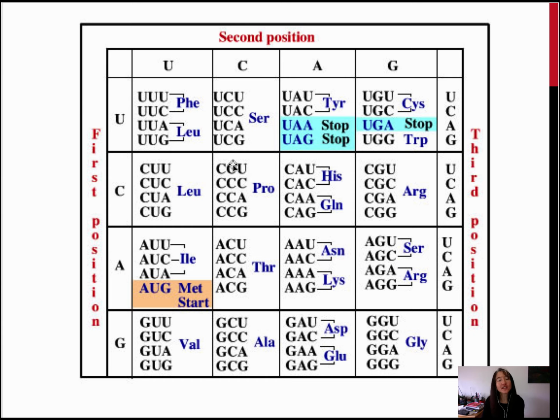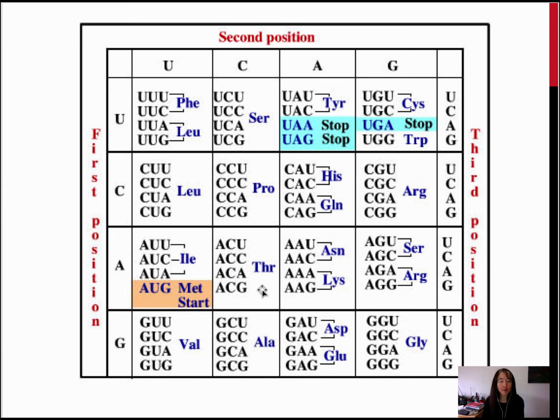Recognize that it's always in the most 3' position of the codon that we see that the change is allowed. So it's like the loosey-goosey position of a codon is that more 3' position within the codon. So even in some areas where we don't see that 4 codons encode for a single amino acid, we might see that 2 similar sets of codons might encode for similar amino acids.